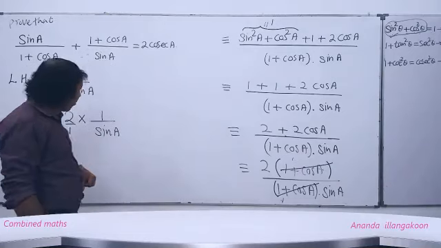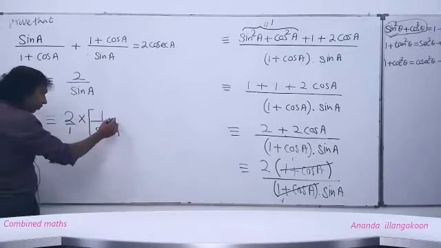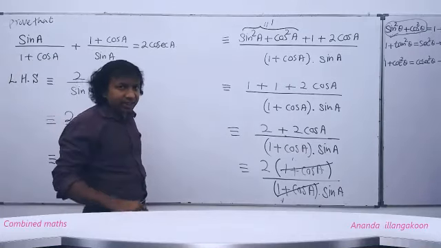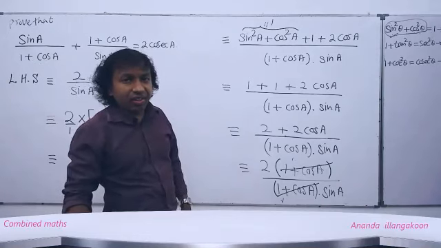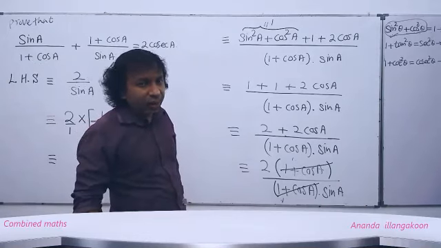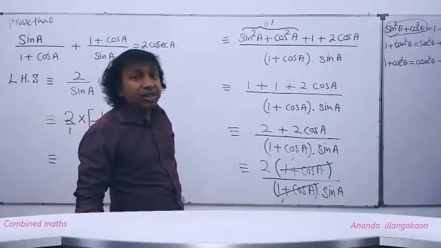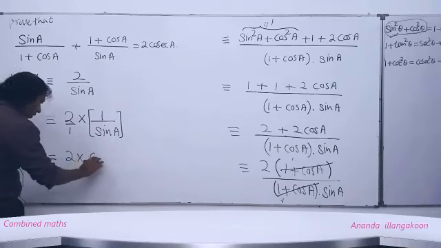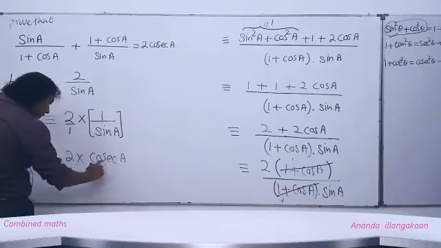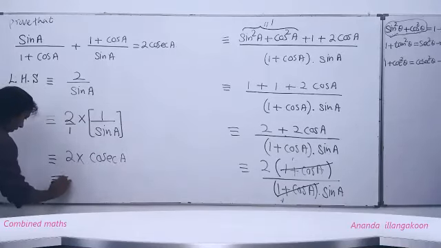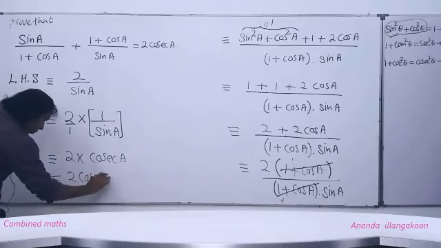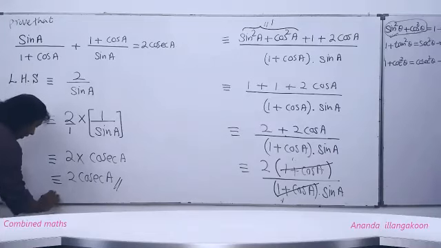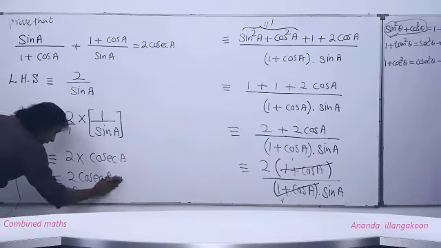Right. People, now what is this 1 upon sine A? 1 upon sine theta, today we learned as what, people? Cosec theta. Then in place of that theta we have A. Then what is 1 upon sine A? Cosec A. Then we have 2 multiplied by cosec A, which is really 2 cosec A. That is the right hand side.